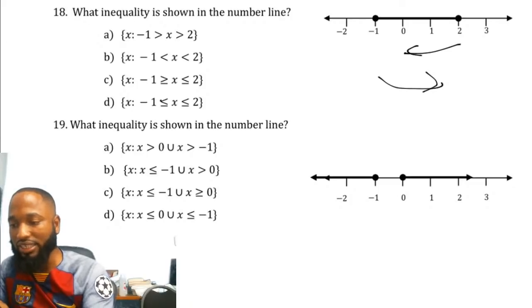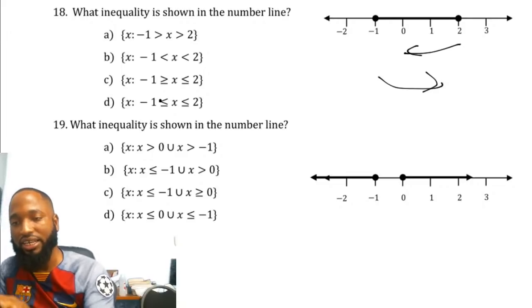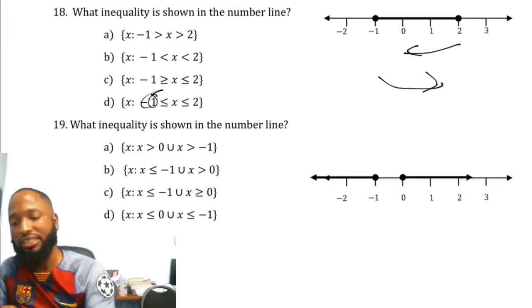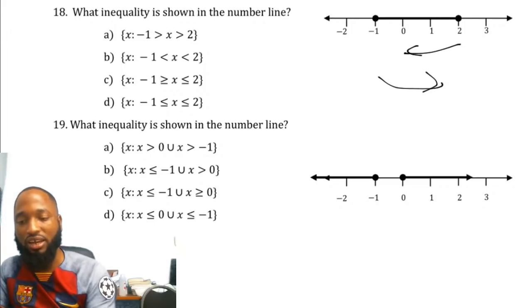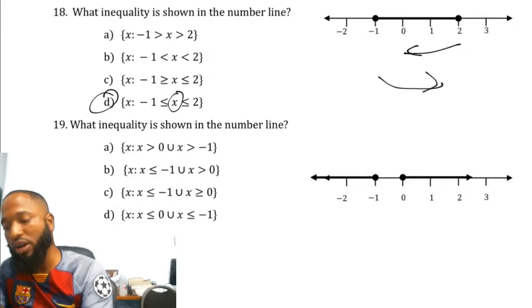The pointy side is the small side, and this side is the greater side. So x is greater than that. Or some people just think of it like the L, less than. So this is less than -1. In this situation, it's saying -1 is more than x, which means x would have had to be lying on this side of the -1, and it's not. So the answer is D. X is indeed more than -1, but at the same time, it's less than 2.